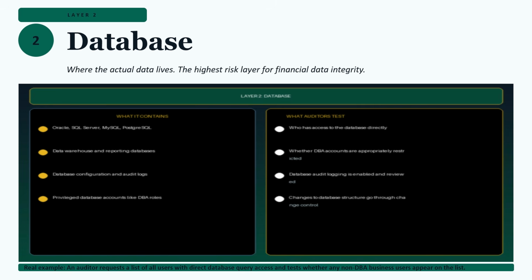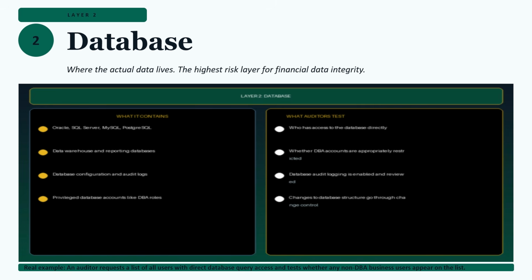In a well-controlled environment, most normal users should only interact with data through the application interface, not directly through the database. So if a business analyst or an accountant has a SQL connection directly to the production database, it's a big risk and you confirm it.